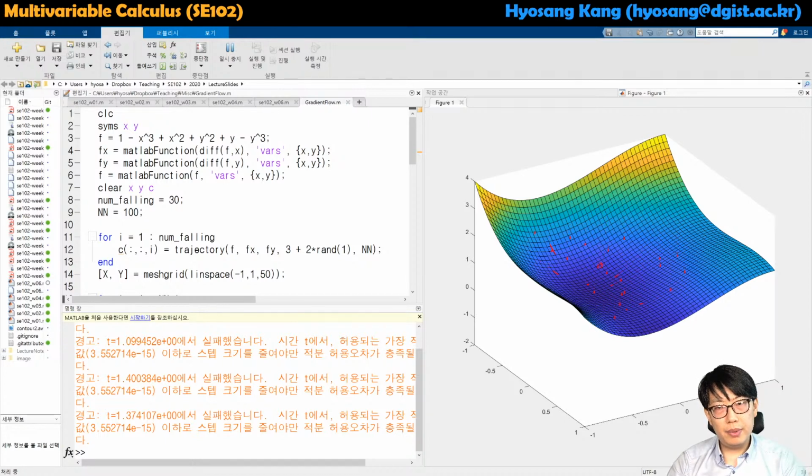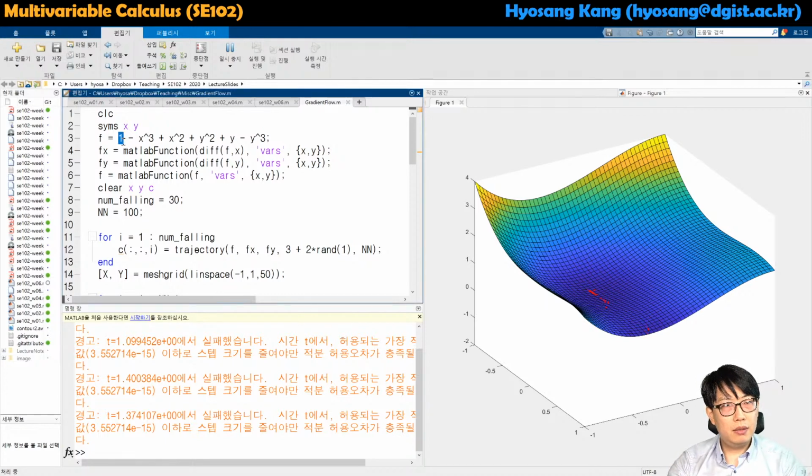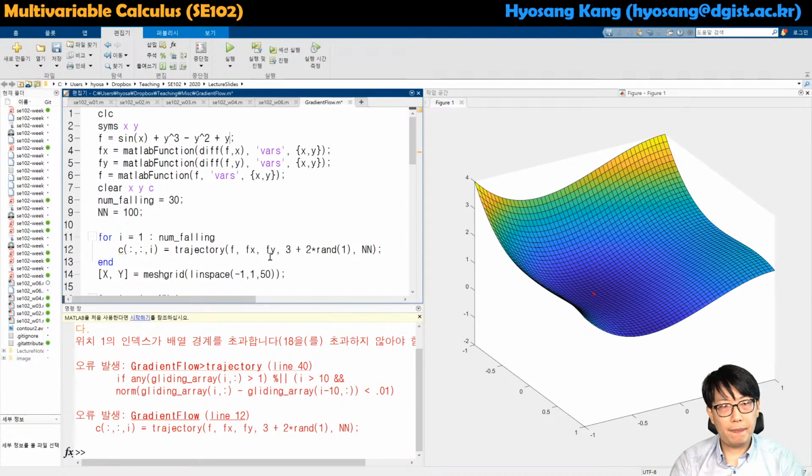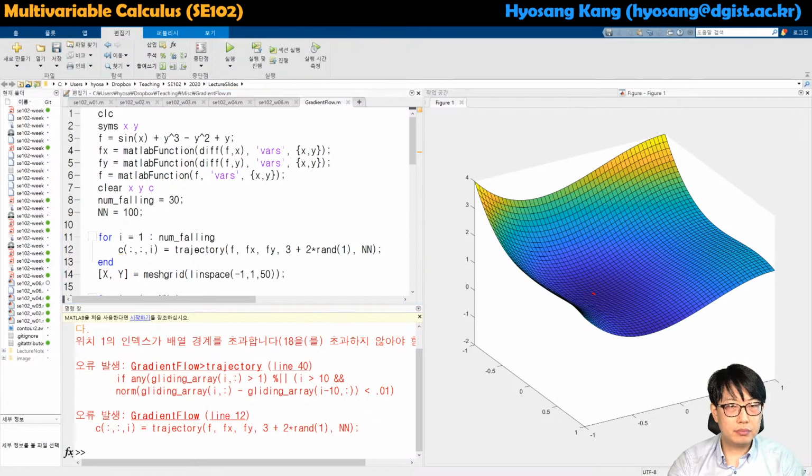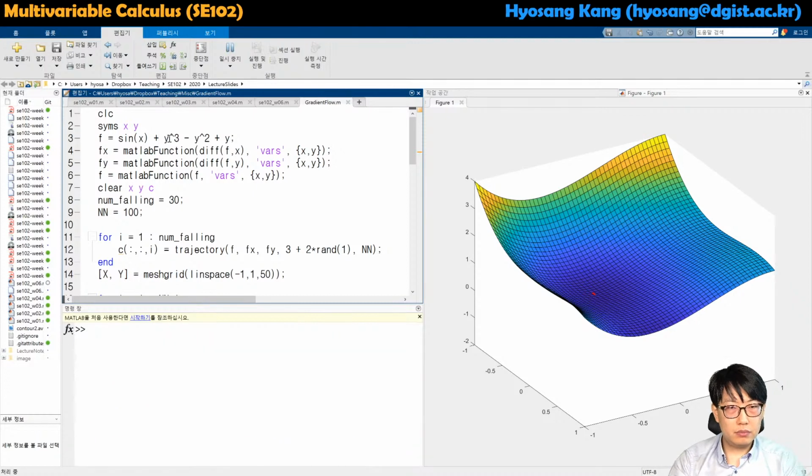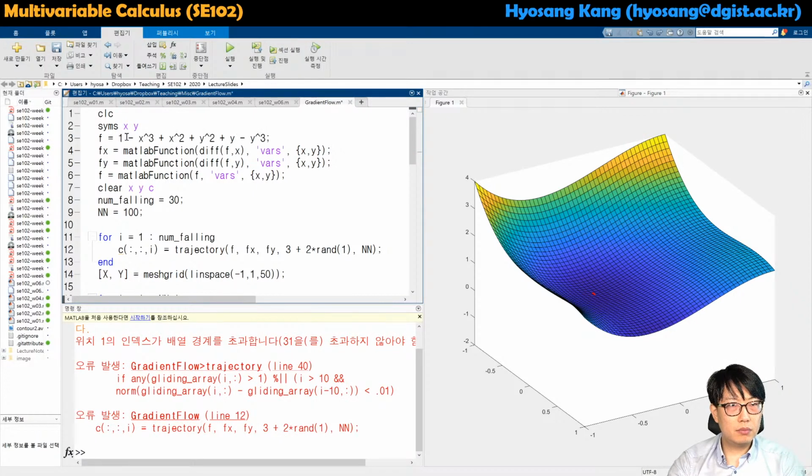So the good thing about this code is it works for any type of function. Yeah, you can type any function, any formula here to work with. So for example, I can even put sine y squared. I think maybe, I'm not sure whether that works. Let me see. Y squared, maybe a little bit of sine here.